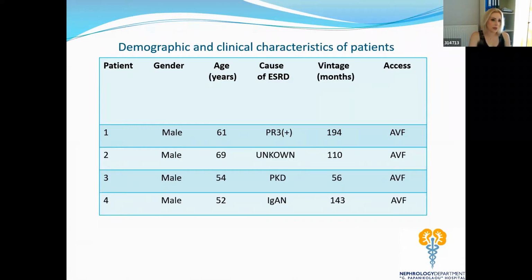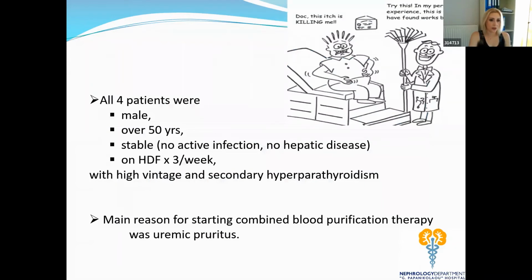All 4 patients were male, over 50s. They were stable, with no active infection or hepatic disease. They were on online hemodiafiltration thrice weekly, with high vintage and secondary hyperparathyroidism in need of high amount of medication. However, the main reason we chose these 4 patients was uremic pruritus.